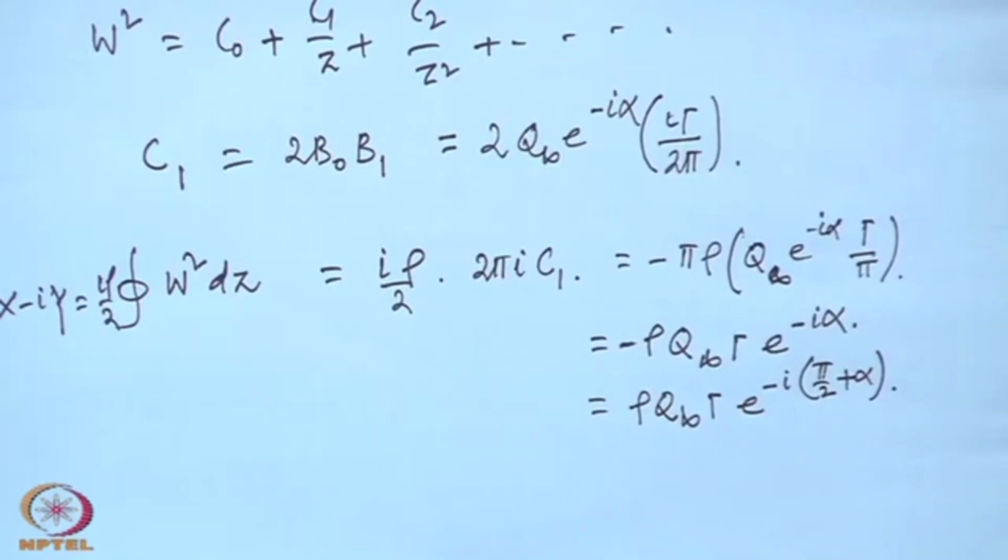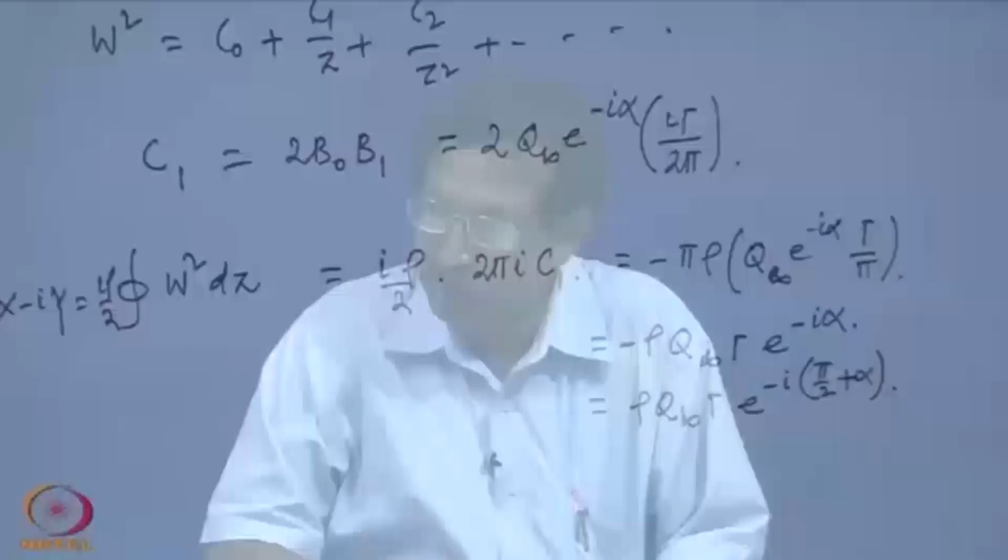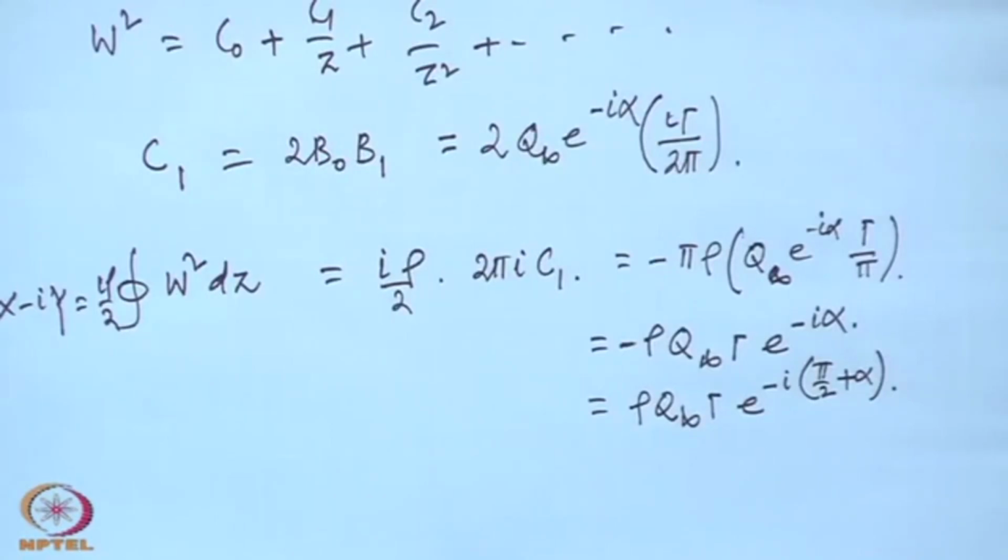Now, what is the direction of this force? Looking at this expression itself, rho q infinity gamma e to the power minus I into pi by 2 plus alpha. If you remember, q infinity e to the power minus I alpha was the free stream. Free stream was making an angle alpha to the x axis, and that is represented by e to the power minus I alpha.